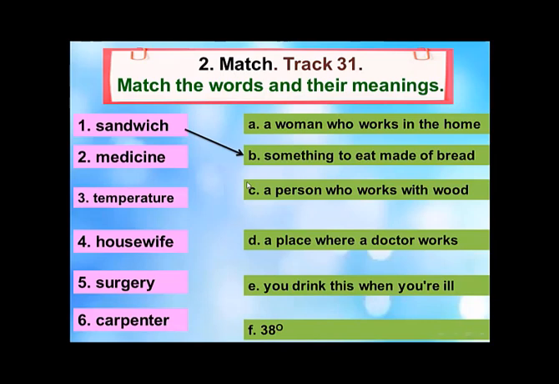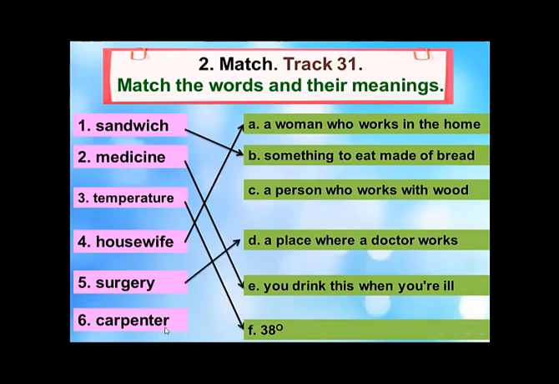Look, sandwich is something to eat made of bread. Medicine, you drink medicine when you are ill. Now temperature, as you can see, 38 degrees. Housewife is the woman who works in the home. And surgery is the place where a doctor works.